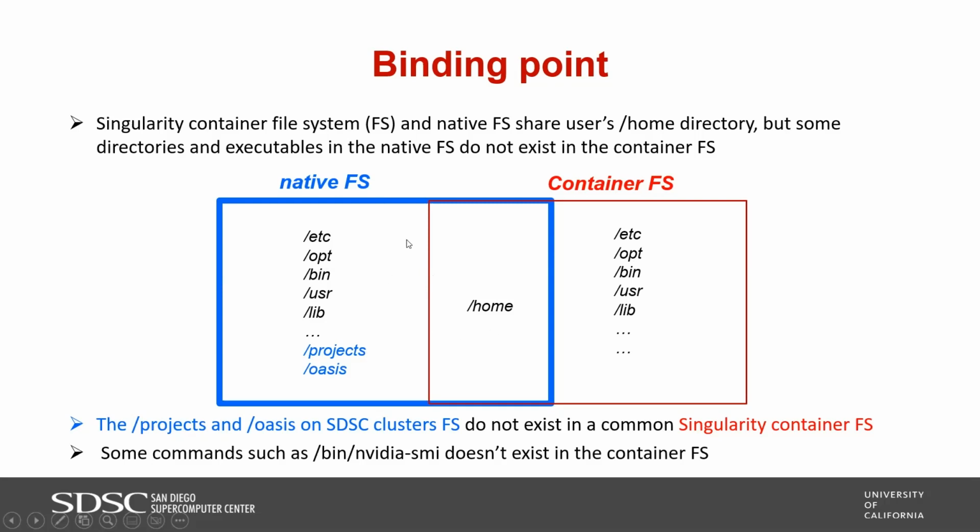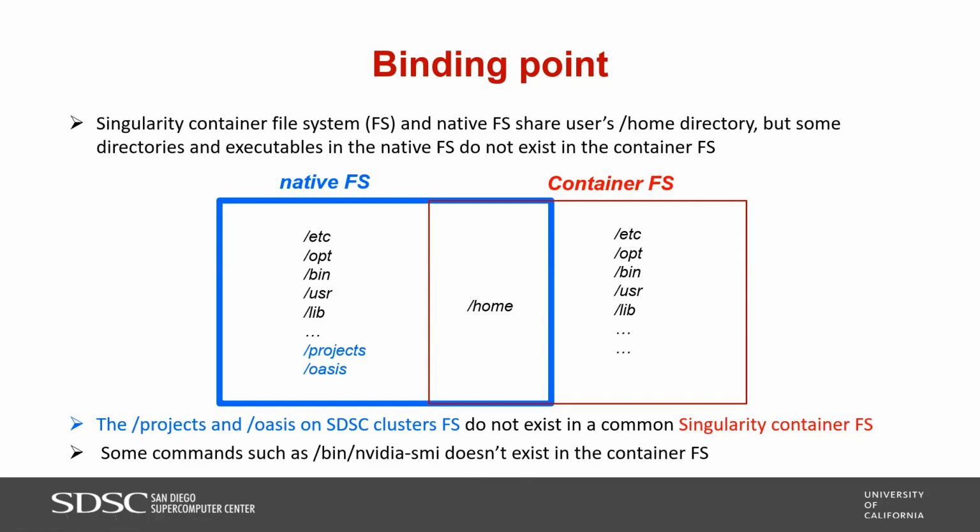That means the native file system has its own bin, usr, lib, and also the projects directory and the OSIS directory on our cluster. But usually those two directories are not available in the container's file system. And also some usable commands such as nvidia-smi don't exist in the container file system.